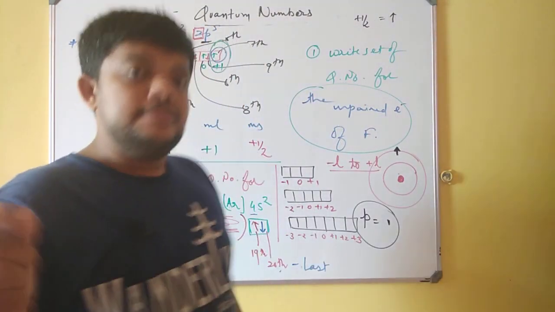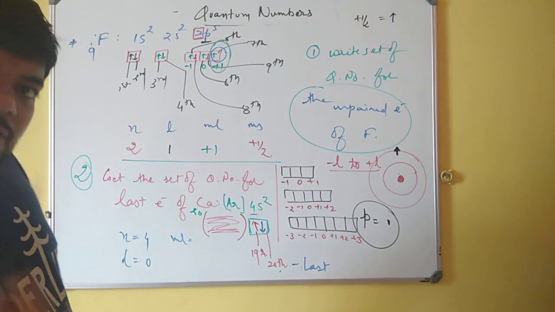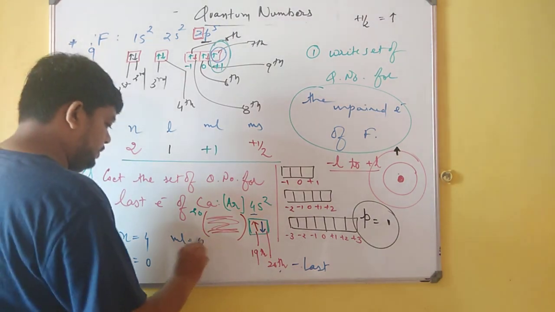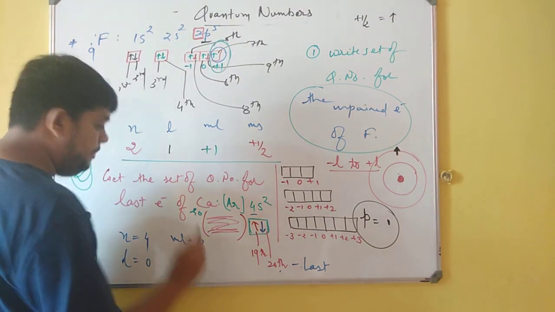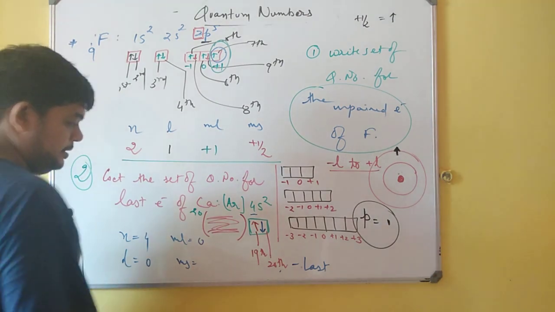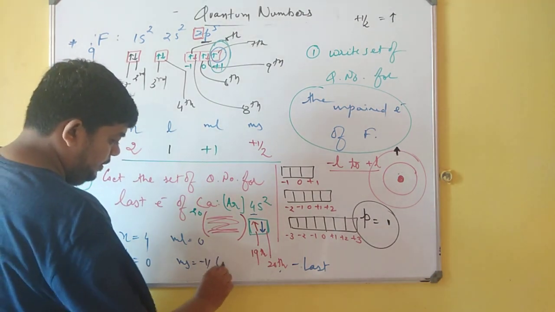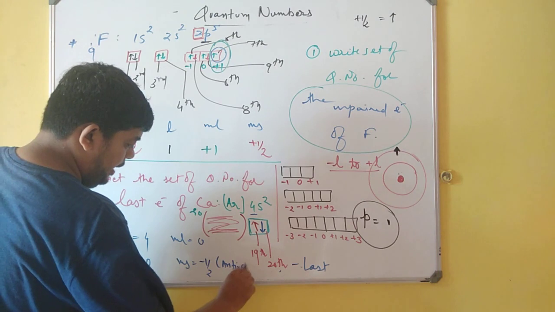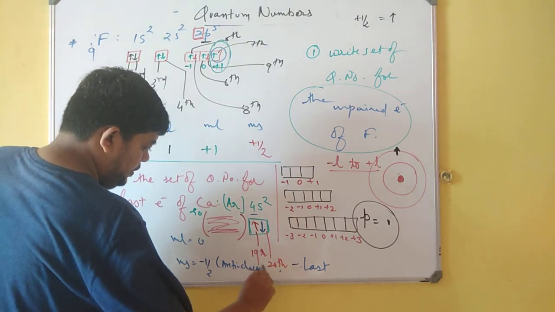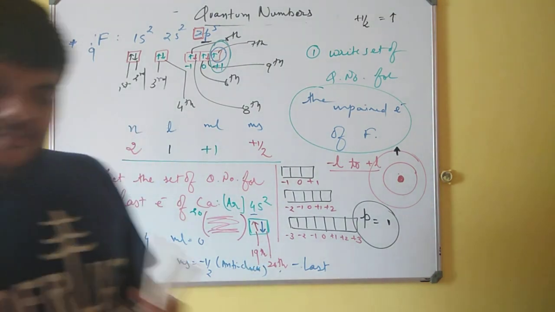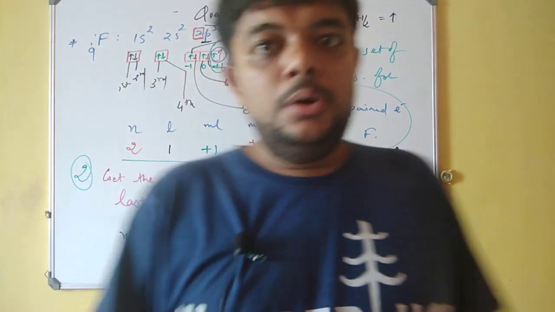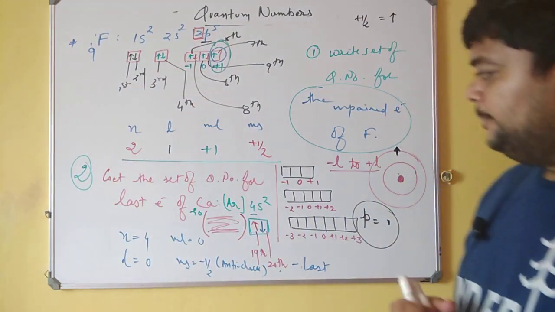So this is again 0, and ms is minus 1/2, because it is anticlockwise. So this is how this very simple type of question works.